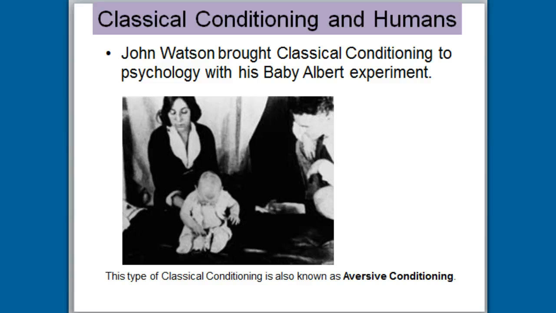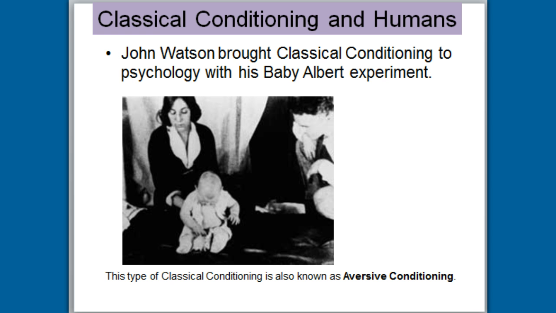And every time he showed him the rat and the rat would get near him, he'd clang a very loud noise behind little Albert, a pipe and a hammer, and it would startle Albert and he would cry. They found out first that he would do that, and that he had no fear of the rat in itself. And then every time the rat was exposed to little Albert, they'd hit the bar again, and it didn't take very long before little Albert would just see the rat and start crying because he knew it was about to come.